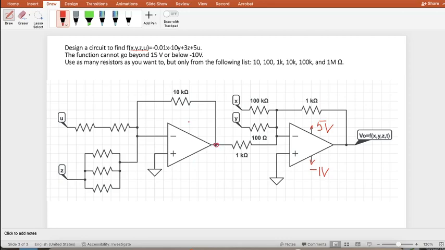Hopefully it's like 15 and minus 15, but the question doesn't ask me to put power here, it only asks me to put power on the function. So this function needs to be clipped or capped at 5 and minus 1. So don't put that power supply on this op amp yet.